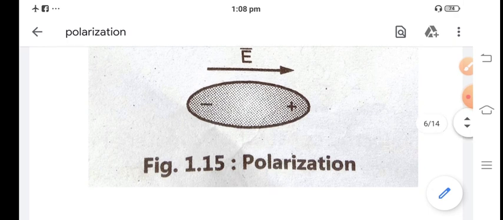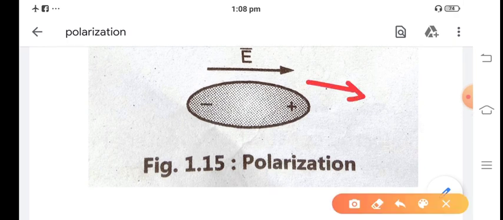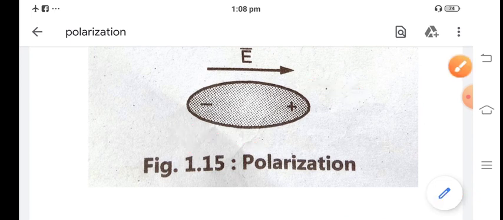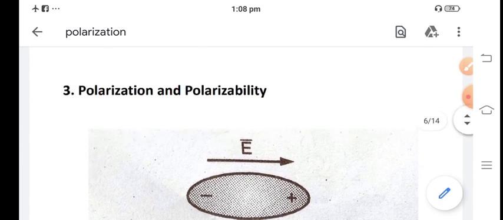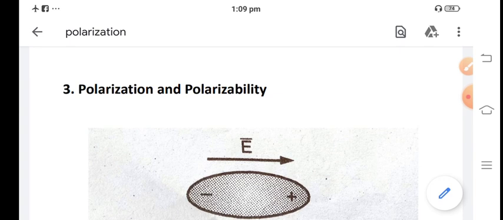This creates a local dipole moment in the dielectrics, and this process is known as dielectric polarization. This figure shows the concept of polarization, and the polarization density is defined as the induced dipole moment per unit volume. Our next parameter is dielectric polarizability.